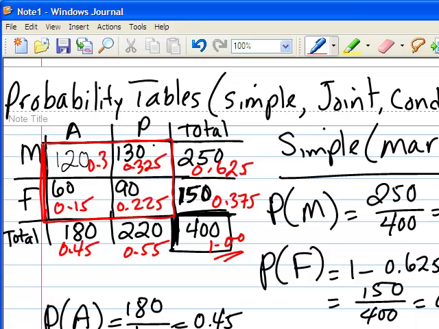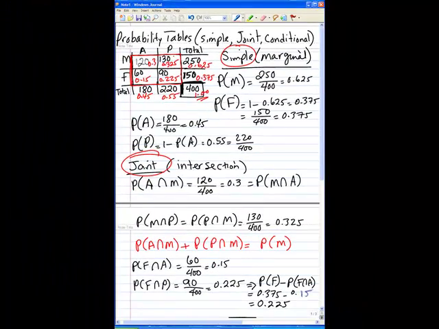So far we have talked about simple probabilities. We've talked about joint probabilities, and now we want to talk about conditional probabilities.